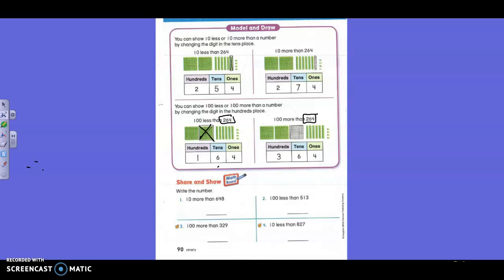Okay, and it says 10 more or less? 10 more. So the only thing that's changing is the middle. So we're going to keep the 6, we're going to keep the 8. But we're going to go 10 more. So 4 was the number. Now it needs to be 5. Okay.